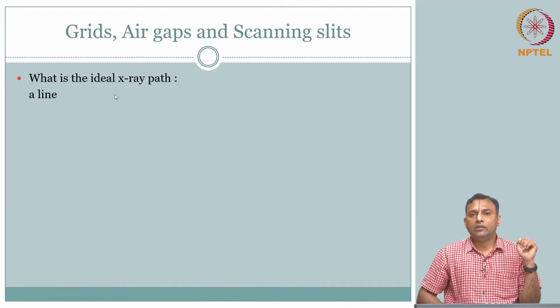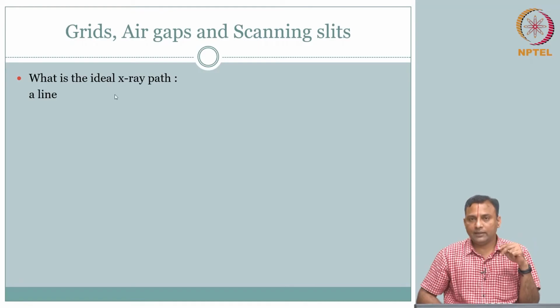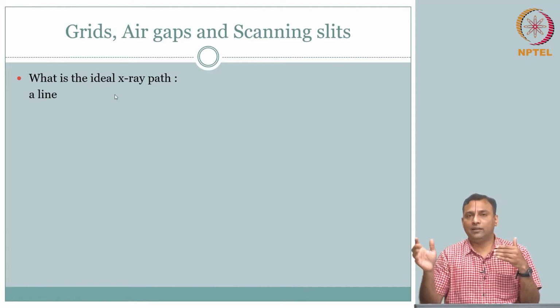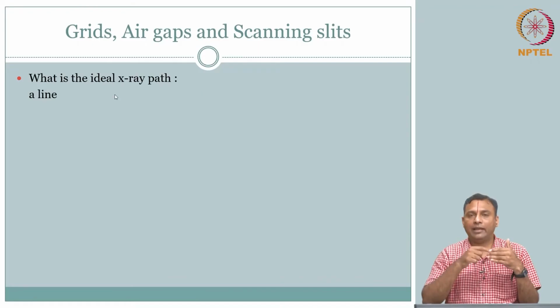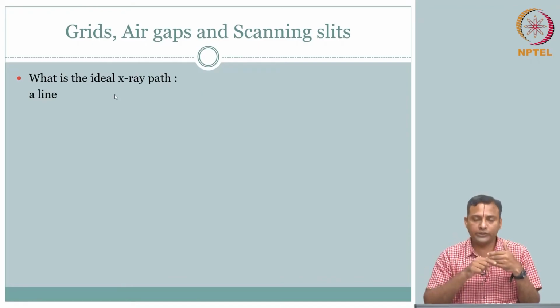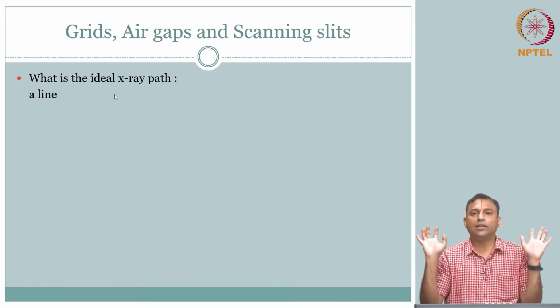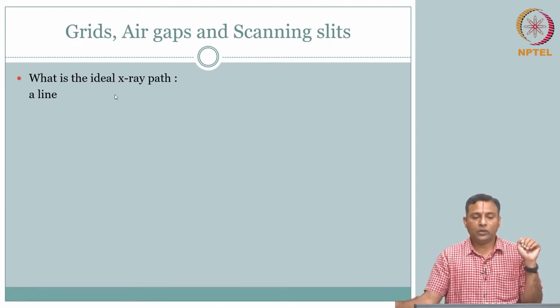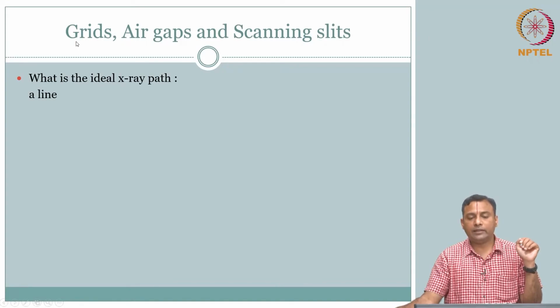Clear? So naturally you have to do two things. One is, if that is the case, I want to ensure that whatever came through scattering, I can say that it is not my signal. If it does not come along the line connecting the detector to the source, that is something that I want to avoid. So essentially your grids, air gaps or scanning slits, we will quickly run through each of them.